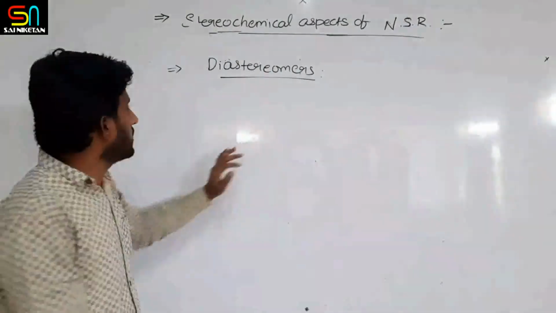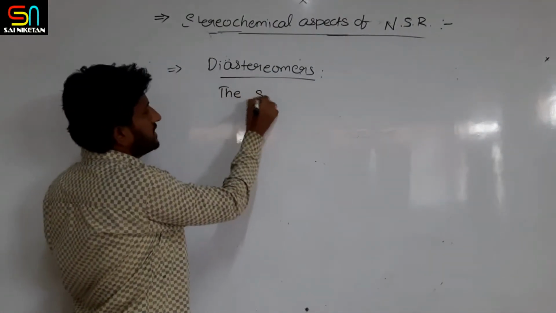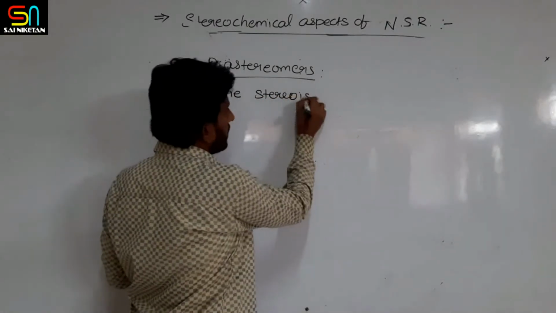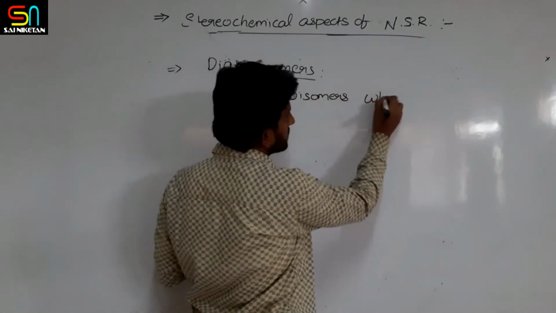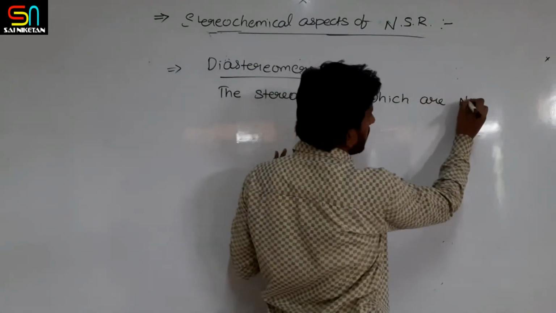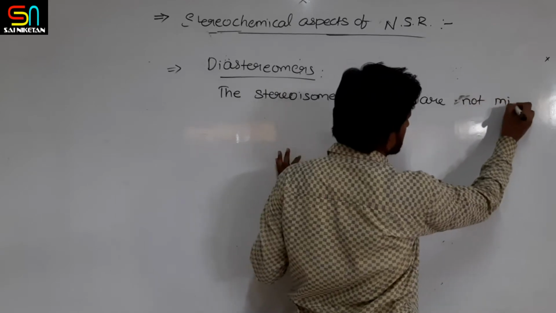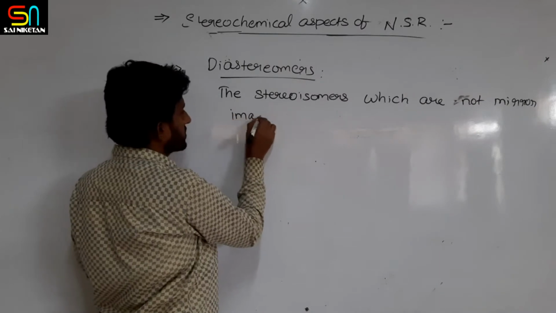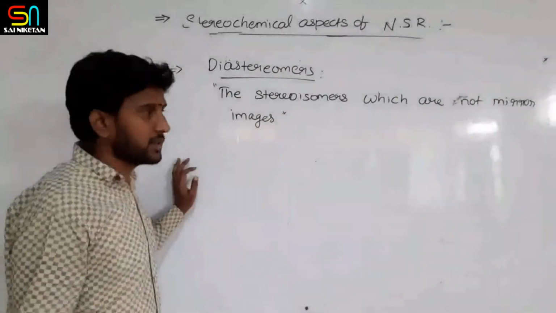The stereoisomers which are not mirror images are called diastereomers.